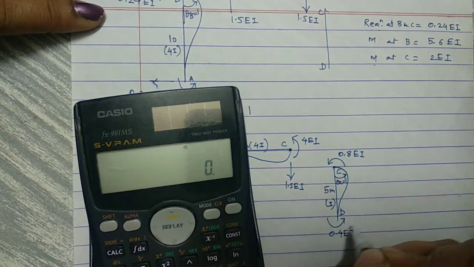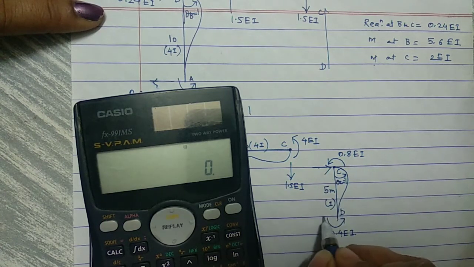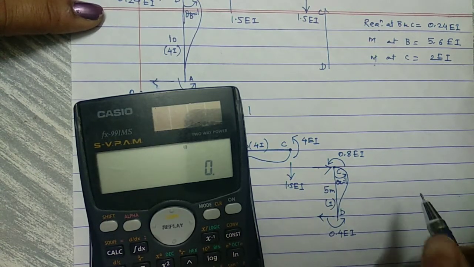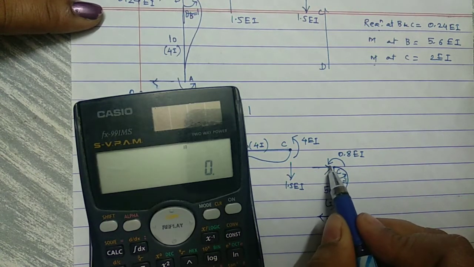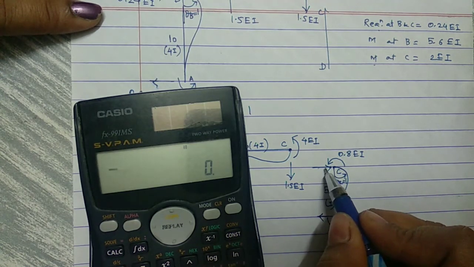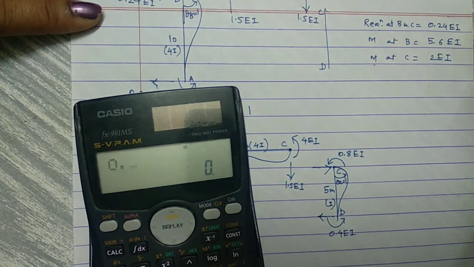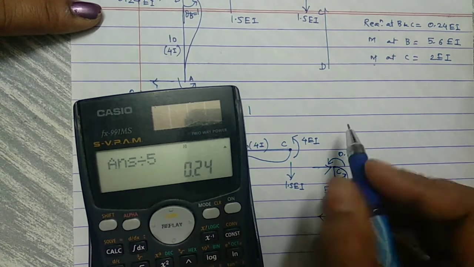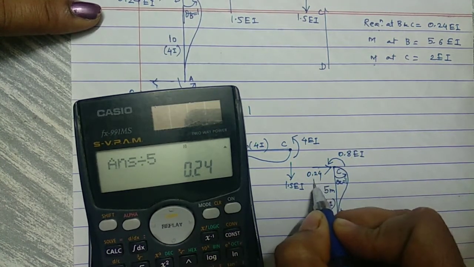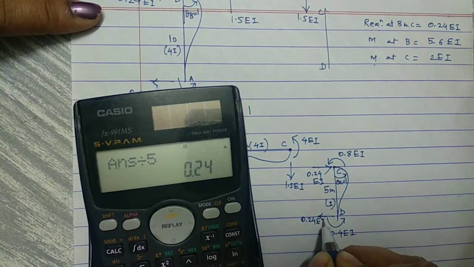Both moments are in an anti-clockwise direction, so the reaction should form a clockwise couple. So the reaction at C is in the right direction, at D in the left direction. Magnitude is the addition of moments divided by span, so 0.8 plus 0.4 divided by span 5 meter. So that reaction is 0.24 EI, 0.24 EI.